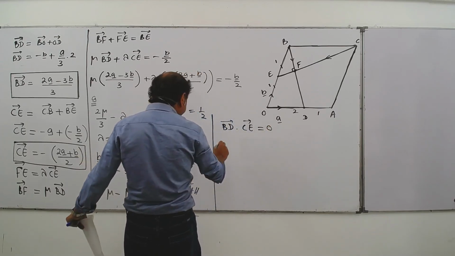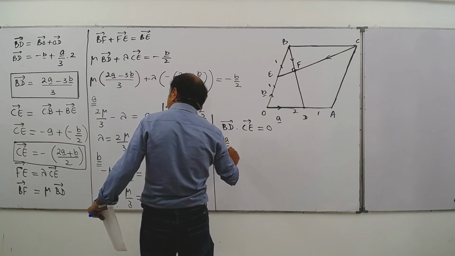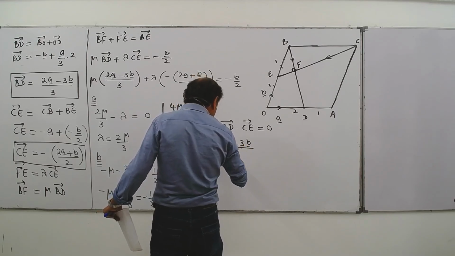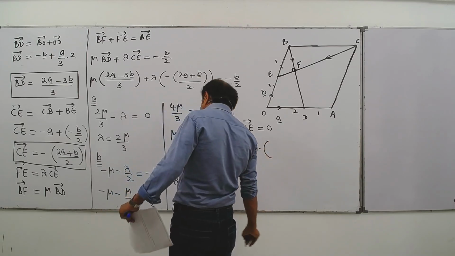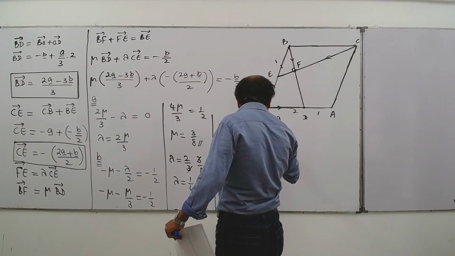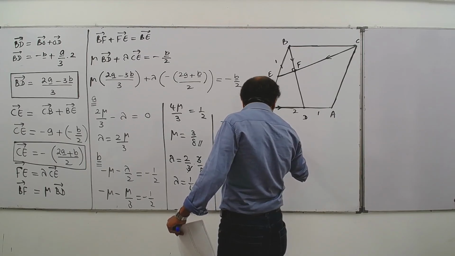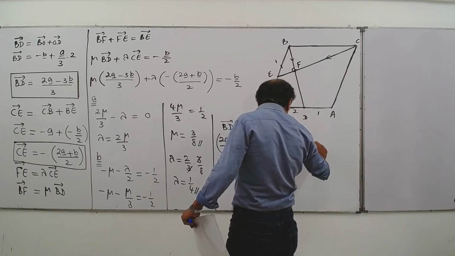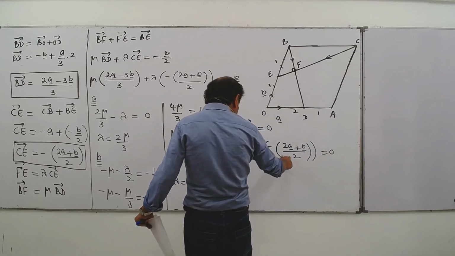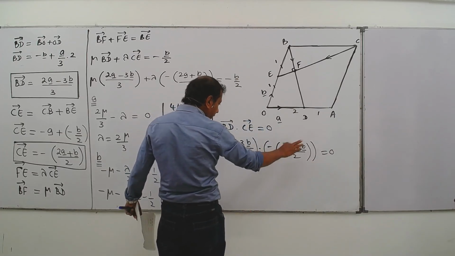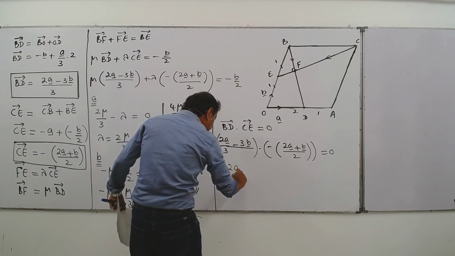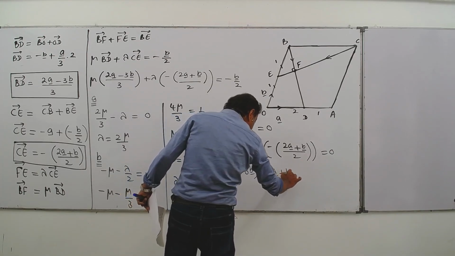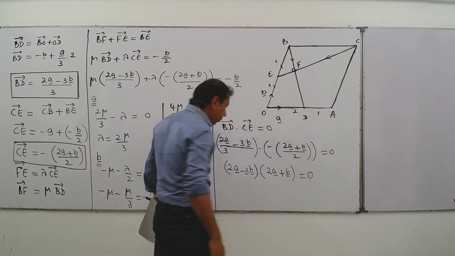BD vector is 2A minus 3B by 3, dot CE vector, minus 2A plus B by 2. This dot product should be equal to 0. 3 and 2, 6 denominator, minus sign we can ignore. We can take 2A minus 3B dot 2A plus B should be equal to 0.